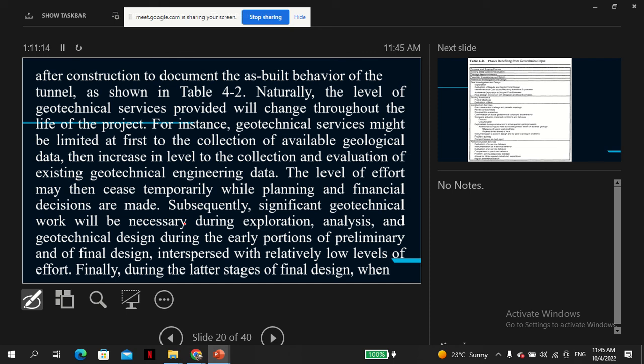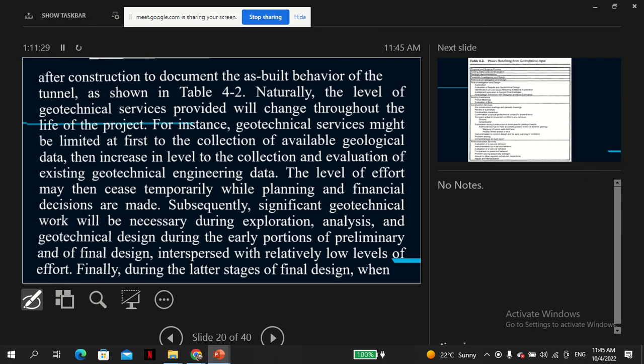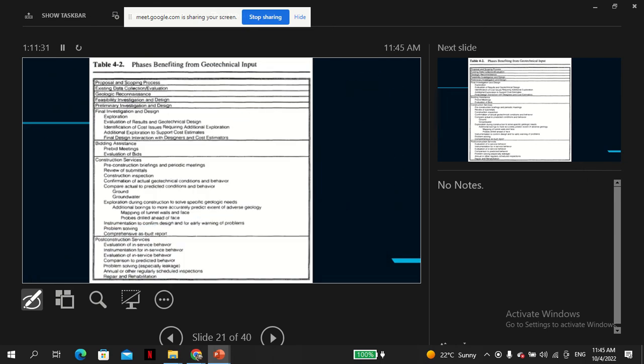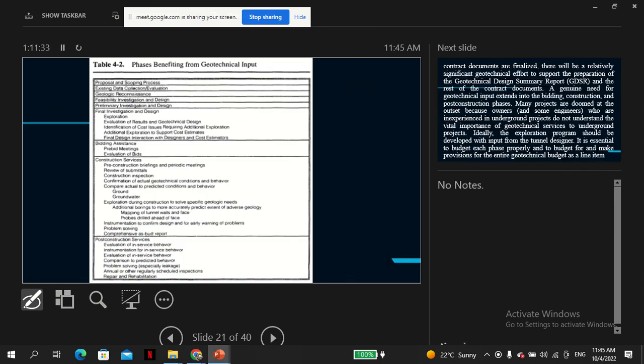So during that time, maybe there's not so much effort because the effort is in the lab. During the period through which the testing is done, probably not much activity. And after you get the data for design, again the geotechnical work increases.